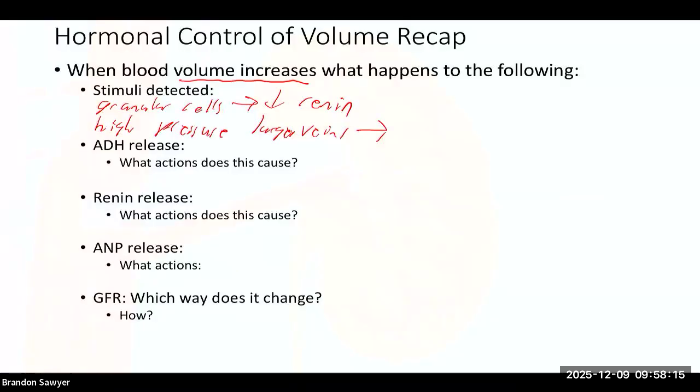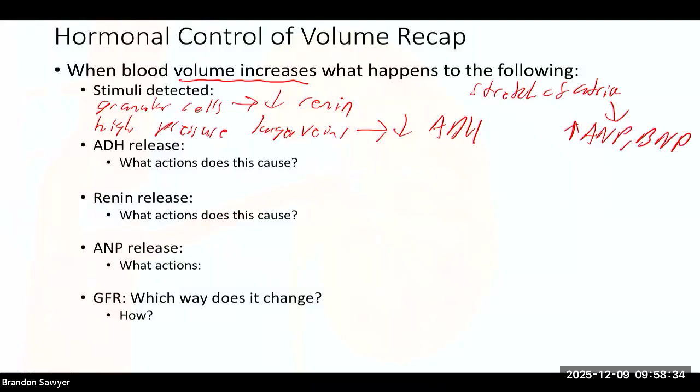And that's going to lead to a decrease in ADH. But now we've got a third mechanism here, which would be stretch of the atria, which is going to lead to increased ANP as well as BNP.